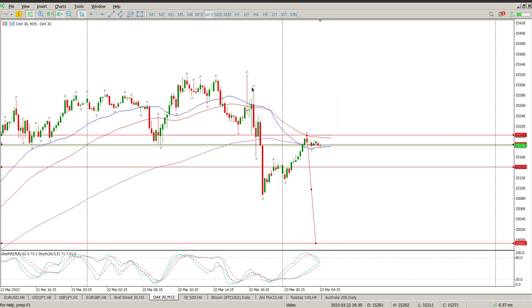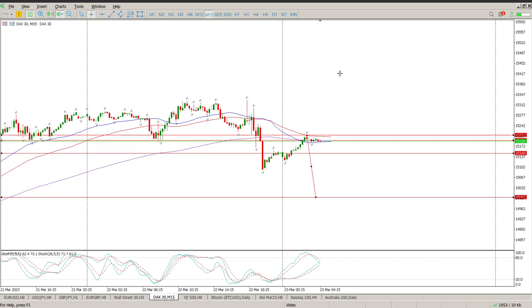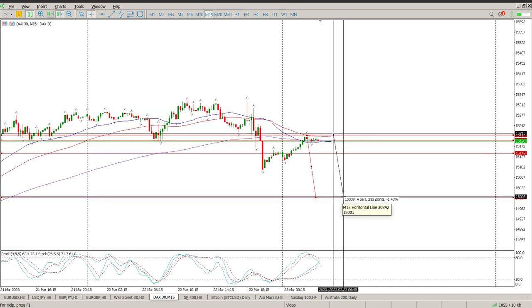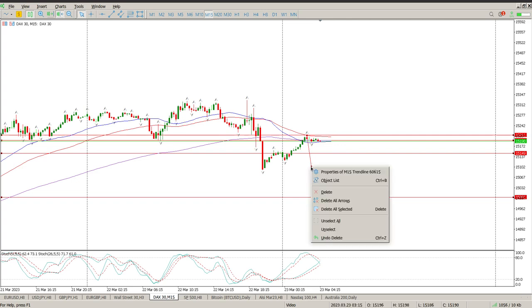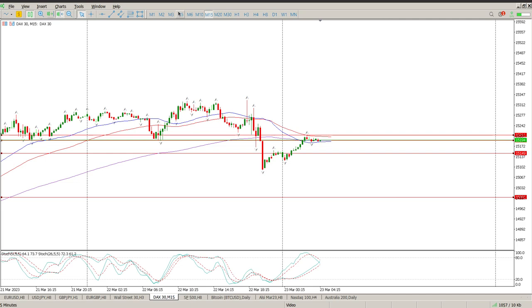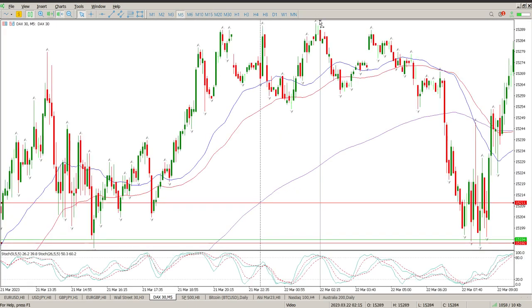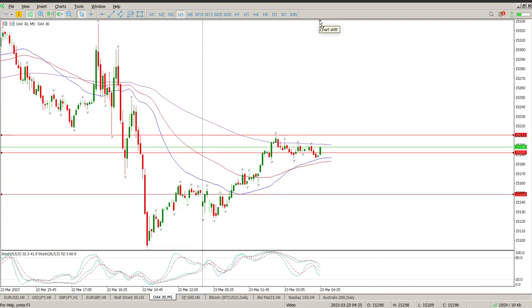Even extending your stop to above this tail here is all still a 100-point stop loss for potentially a 200-point gain. So anyway, that's kind of the outlook I've got at the moment, but I'd be very wary of this. It can flip to the upside anytime.